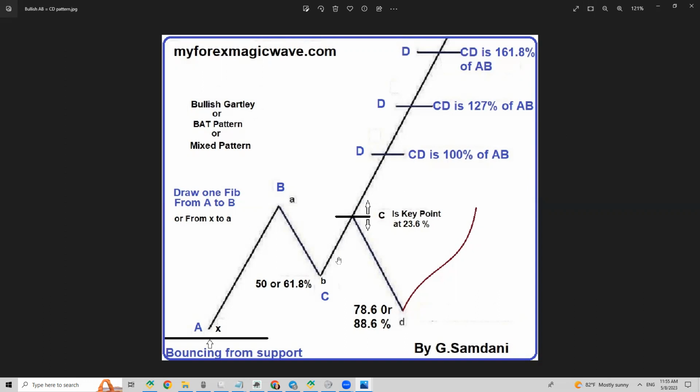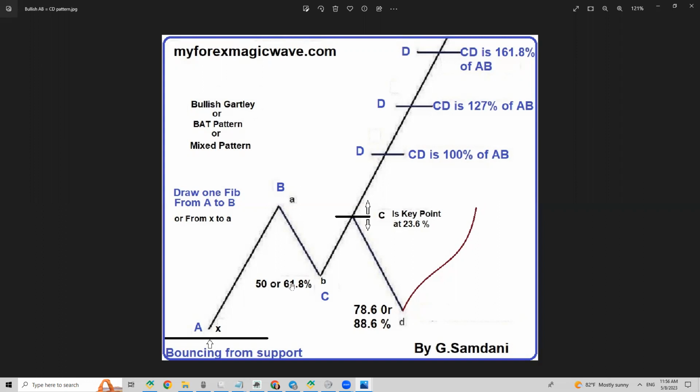But we have another way to go up, is that from this point C, it will drop to one of these levels. 50 usually gives you 88 here, and 61% usually gives you 78 here, if it is coming down from point C. So that would be a harmonic pattern.